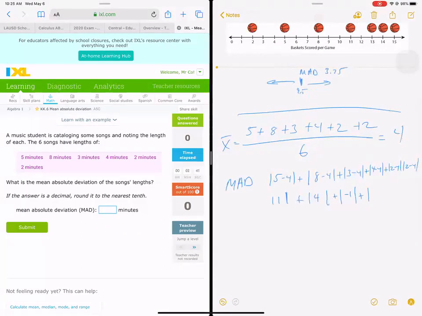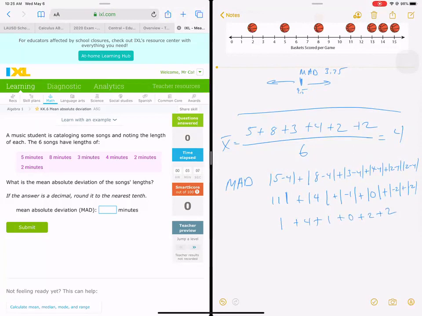Plus the absolute value of 4 minus 4, which is 0. 2 minus 4 is negative 2, and 2 minus 4 is negative 2. Now you could skip this step if you can do absolute values quickly. I'm just trying to show you all the work. The absolute value of 1 is 1, plus 4, plus negative 1 becomes a positive 1, plus 0, plus 2, plus 2.